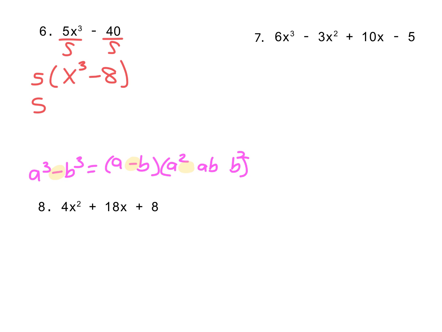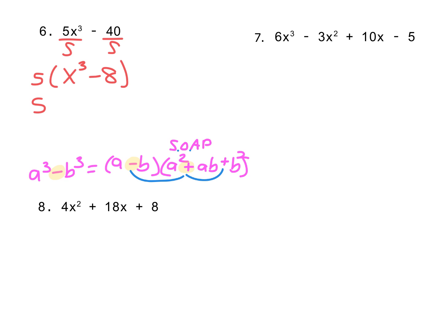The next sign is opposite, so that would be a plus. The third sign is always positive. You might have heard of an acronym SOAP that would help you memorize that. S stands for the same, O stands for the opposite, and AP stands for always positive.